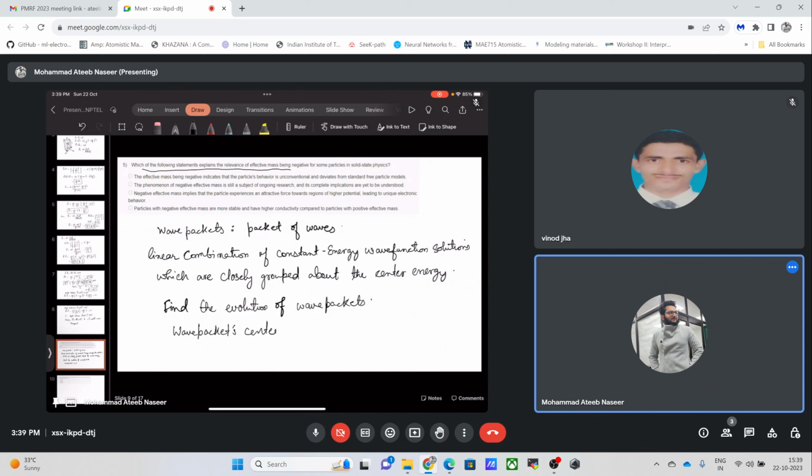We say that the wave packet center, similar to the center of mass of any classical system, moves with a group velocity, which is some Vg, which will simply be the change in position with respect to time.